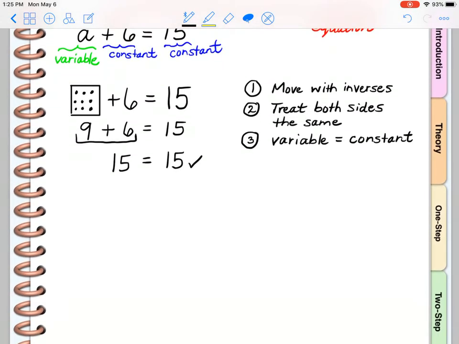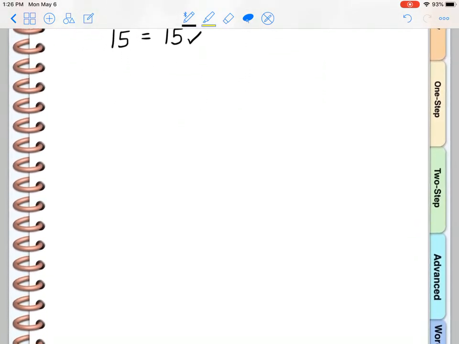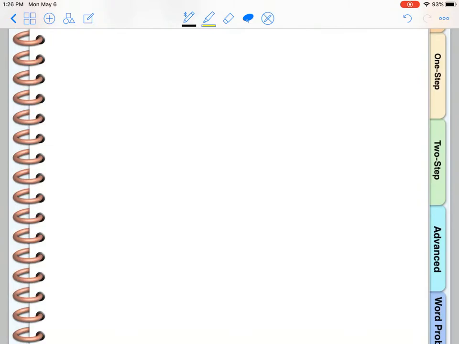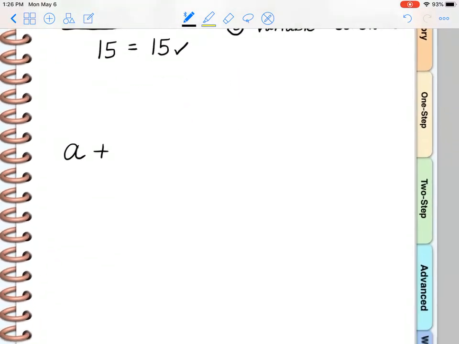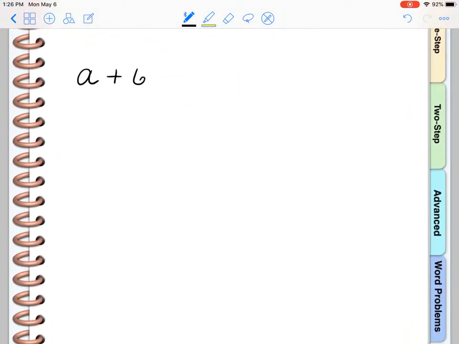Okay, so let's solve this equation using purely algebra, not the box and the dots. So I have A plus 6 equals 15. So to solve this problem, you need a T-chart.